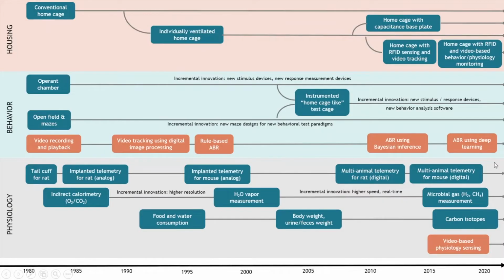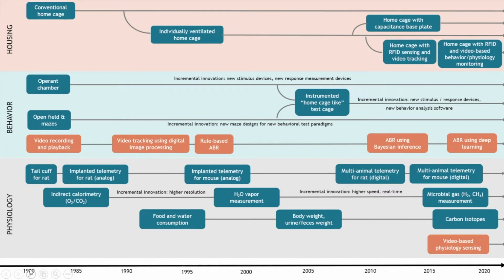And this is a summary of my presentation. This is a very dense graph that shows the evolution of the measurement technologies for animal behavior in this central section, and animal physiology, and the integration of these technologies eventually in housing systems, the rack-mounted cages that we find in the vivarium.